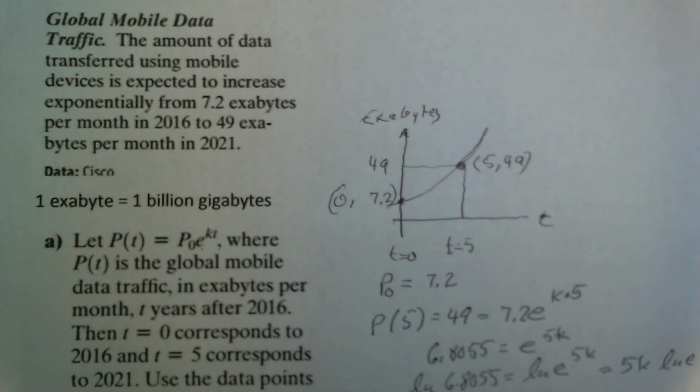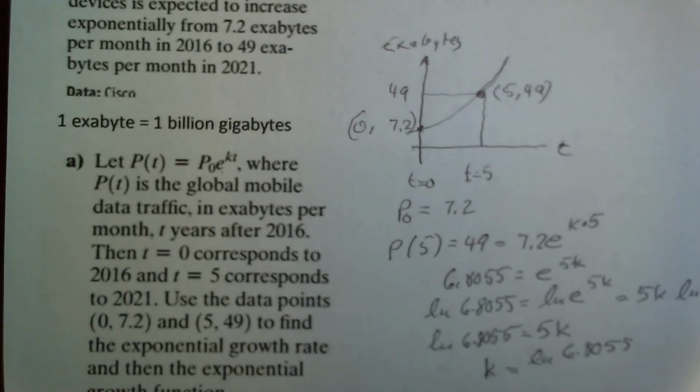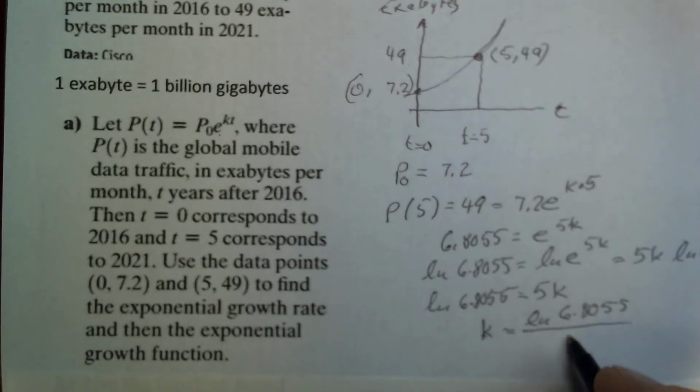We divide both sides by 5, so k is equal to the natural log of 6.8055 divided by 5, which is approximately 0.383547, or approximately 0.384.